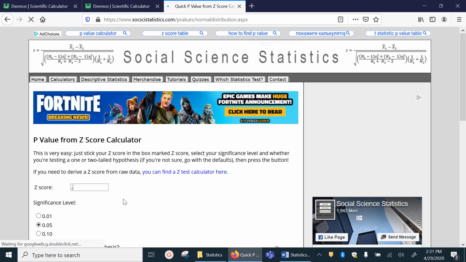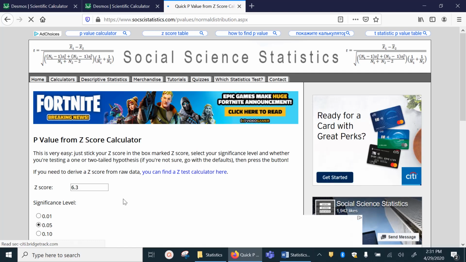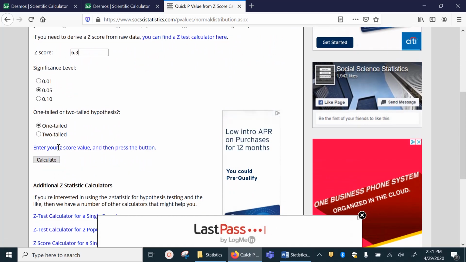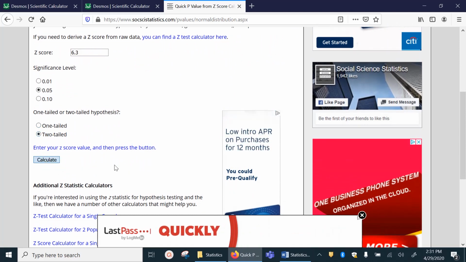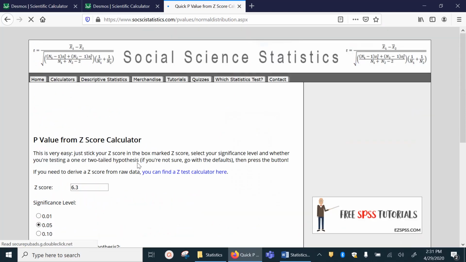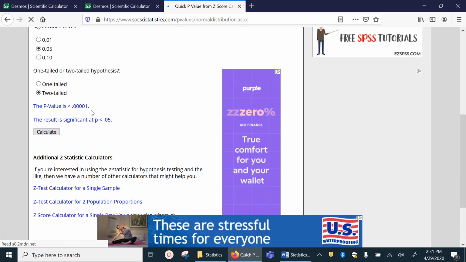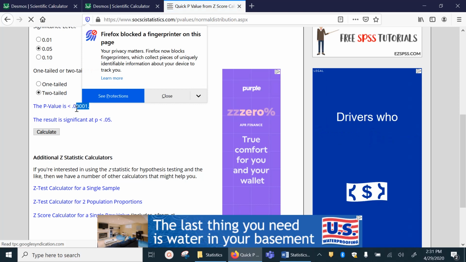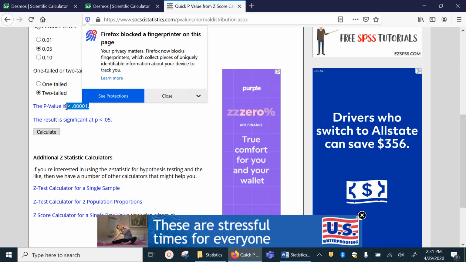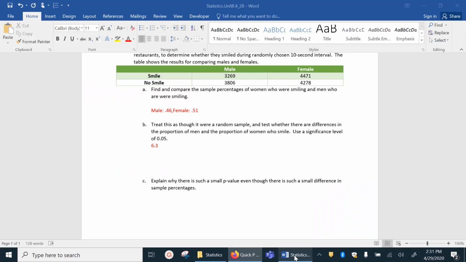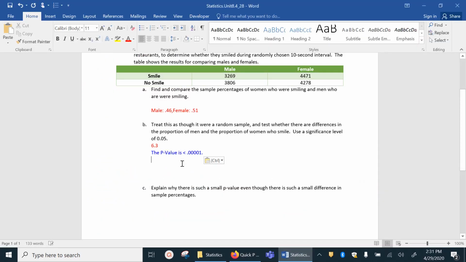So 6.3 was the answer. We're going to just say it's two-tailed. And bam, look at that, 0.0001. The result is definitely less than 0.05. So we just go back here, paste it.